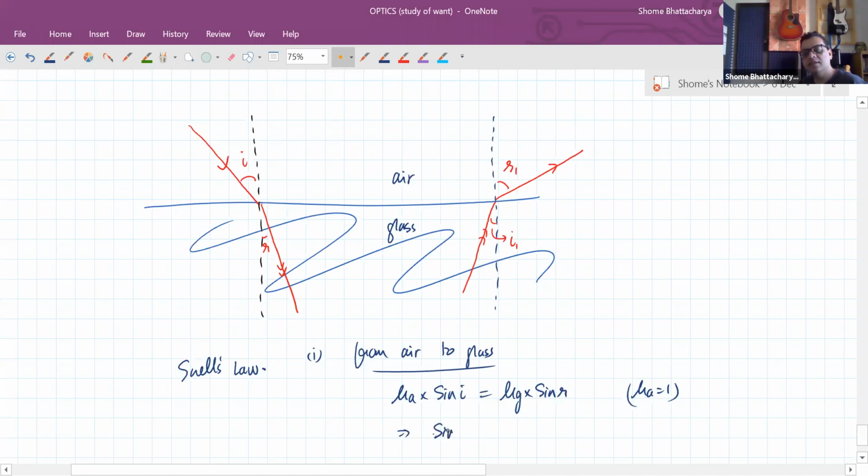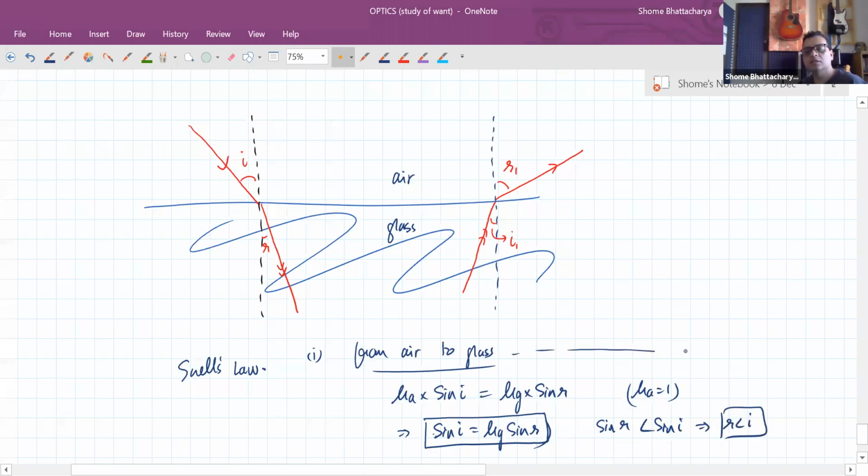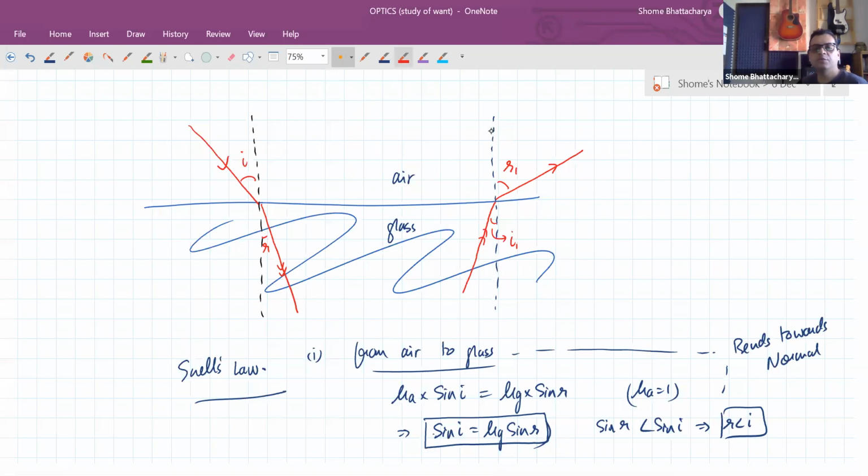So sine I in this case will become refractive index of glass into sine R. So you can see that sine R will be less than sine I. That means R will be less than I. So going from air to glass, the light bends towards the normal.